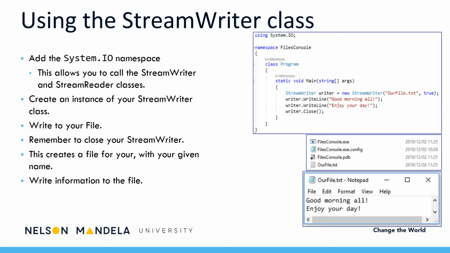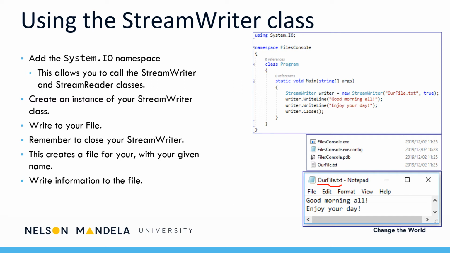Now, if we look at our example here. Let me quickly grab a pen. What we do here, we're trying to write to a text file. And here's our text file. It's called ourfile.txt, and it's in Notepad.